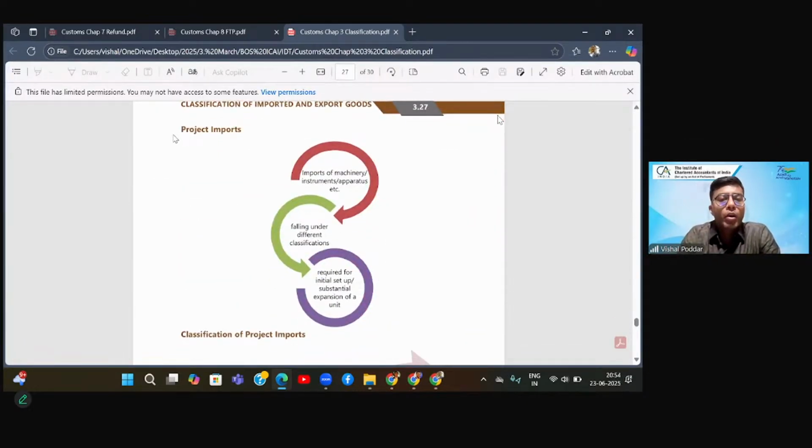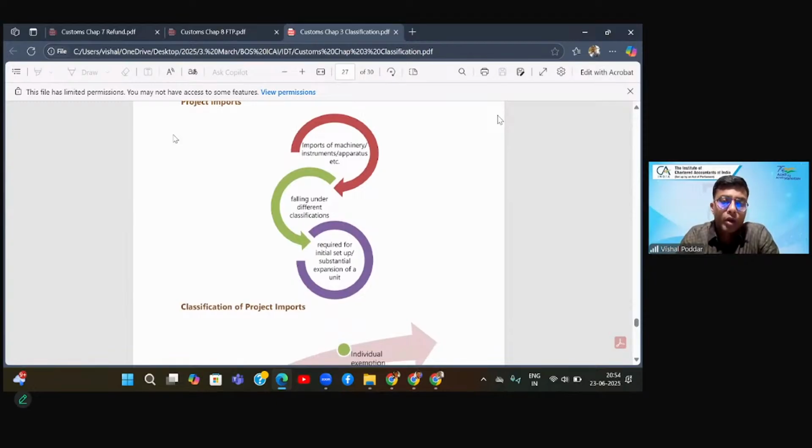Then you have a concept called project imports. What are project imports? Where imports are done, multiple items come in, different machines, different parts, but they all make up one single unit, like a power plant.